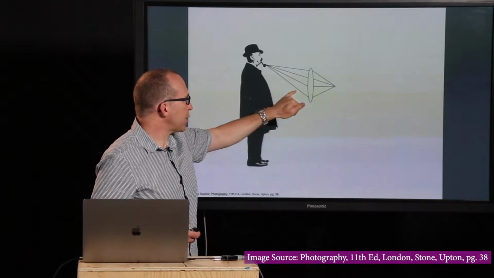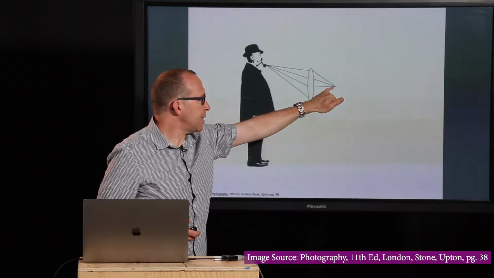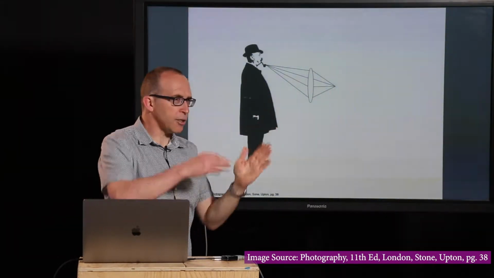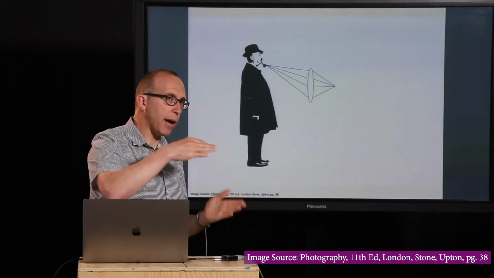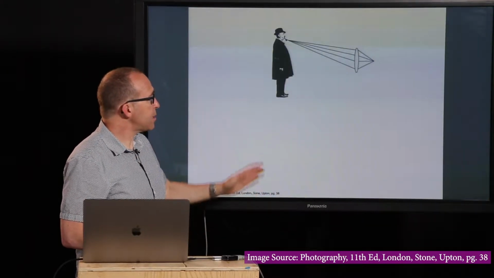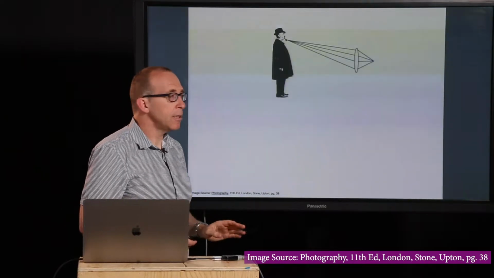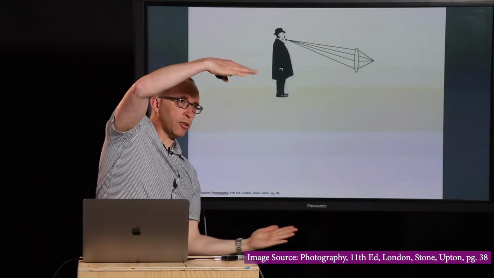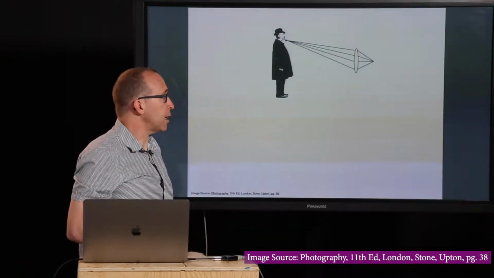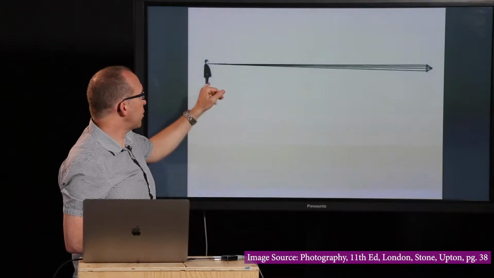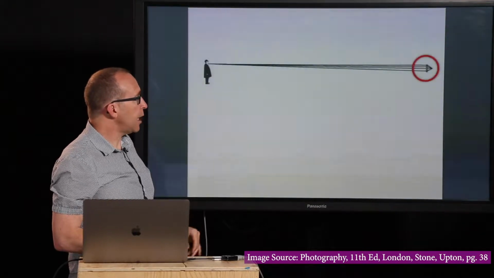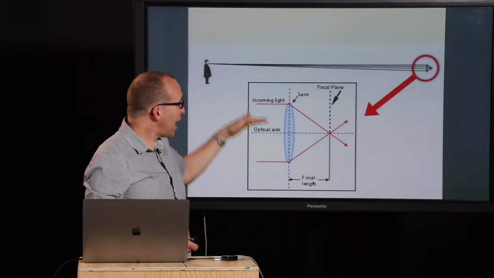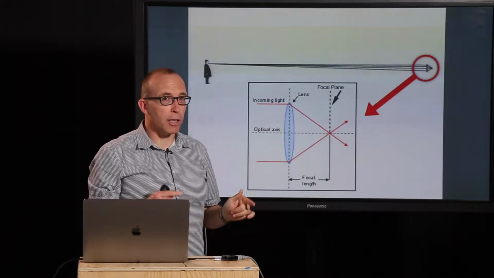There's the light coming through, going through the lens and hitting our sensor, okay? And you can see that those lines are kind of forming a triangle. They are not parallel. But what happens if we start backing up? As we start backing up, those lines start making their way to being more parallel. And the further we get, when we start to get really far away, and you were to zoom in and look at those lines, they are practically coming in as parallel.